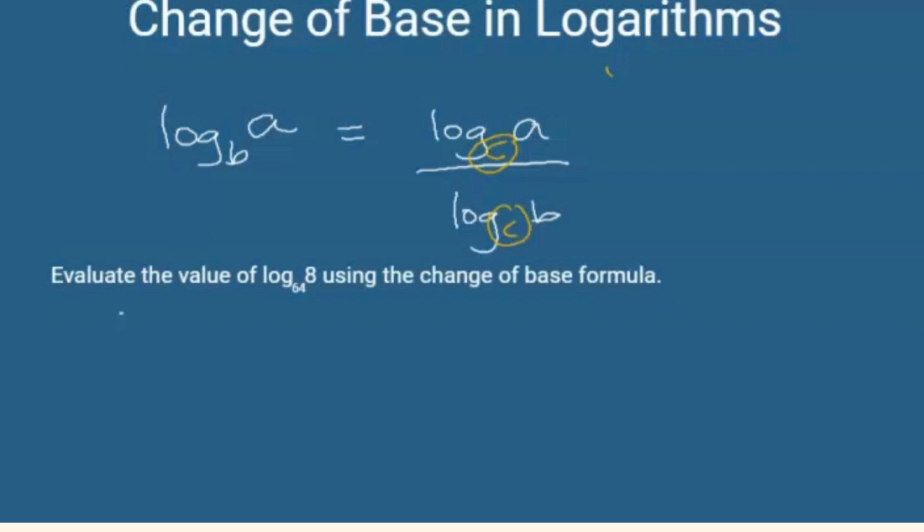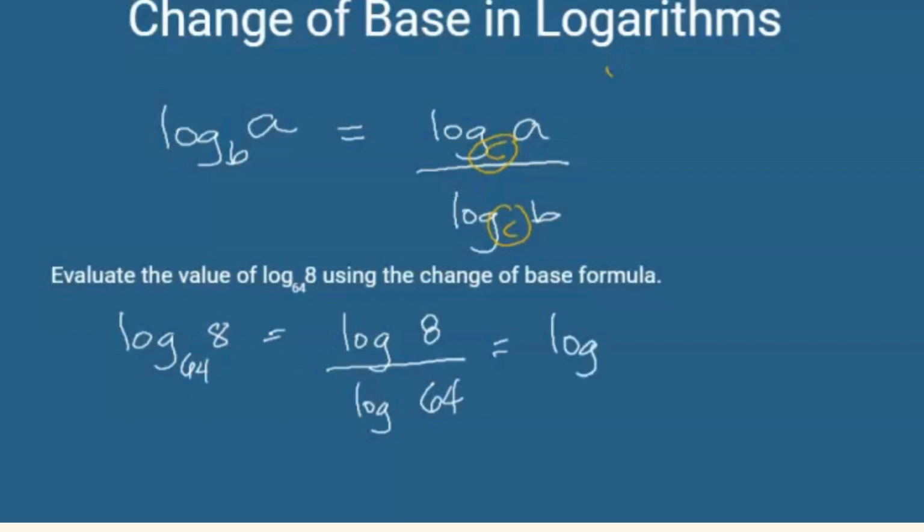So, logarithm of 8 to the base 64 using the change of base formula, that would be logarithm of 8 divided by the logarithm of 64. And this is equal to logarithm of 8 over logarithm of 8 squared.